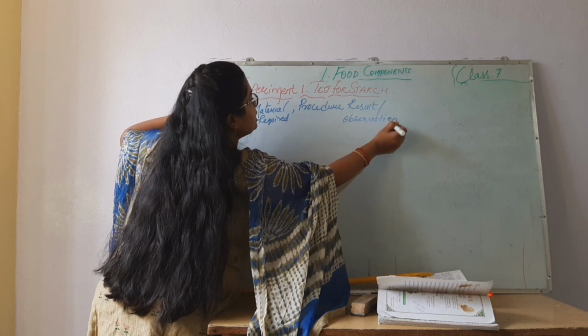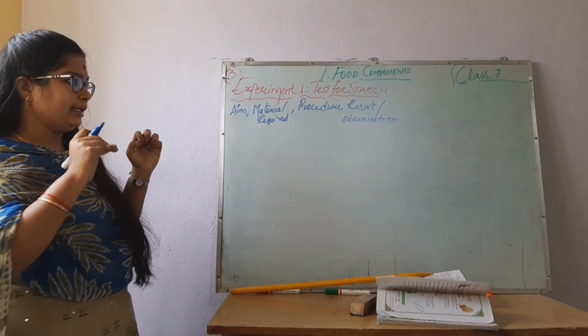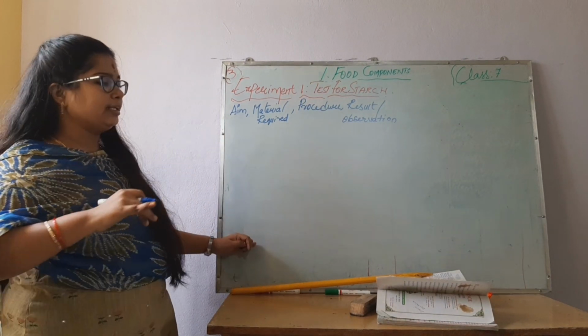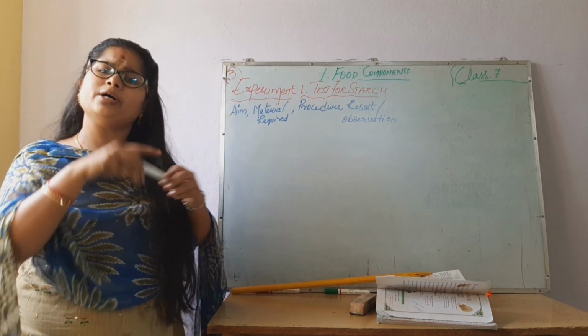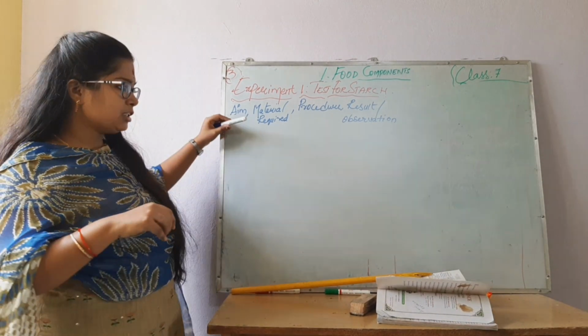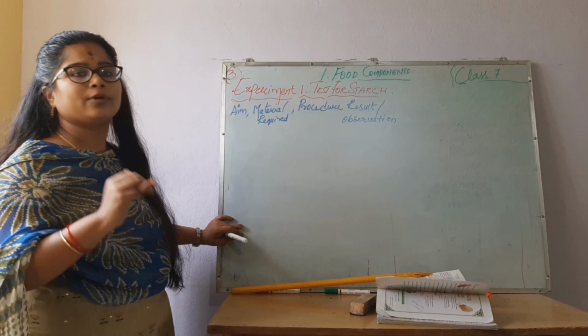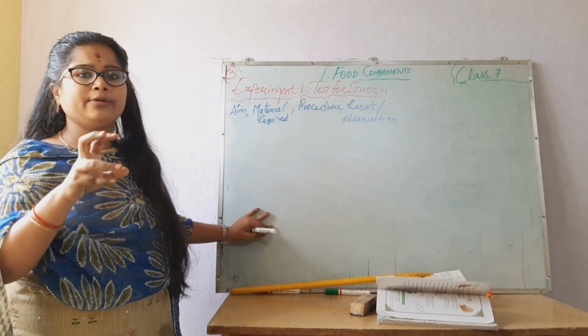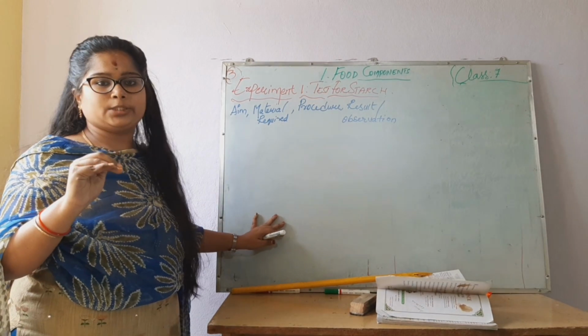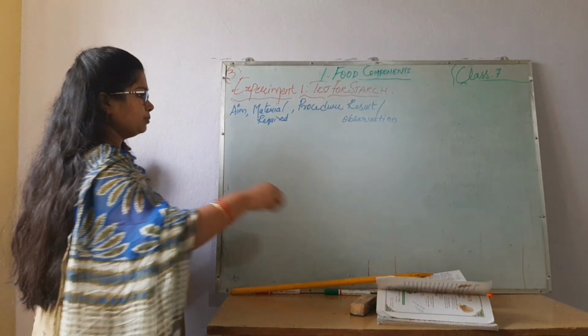Before you do any test, you are supposed to write this, and last you write your observation or result in table form or sentence form. So first let us write what experiment you want to do. Then we will get clarity on the materials required, and we will go to the experiment.